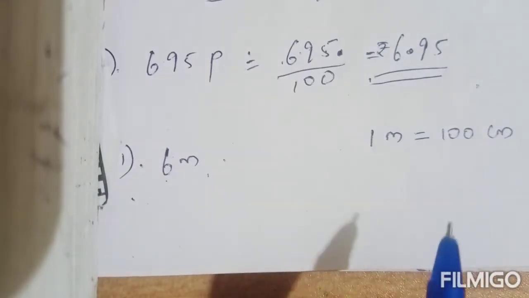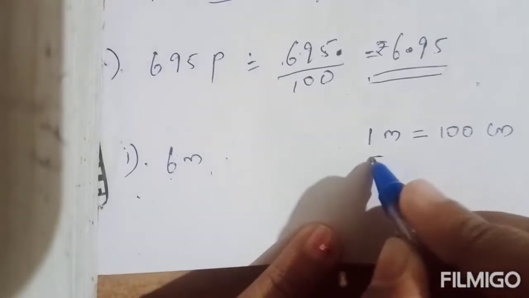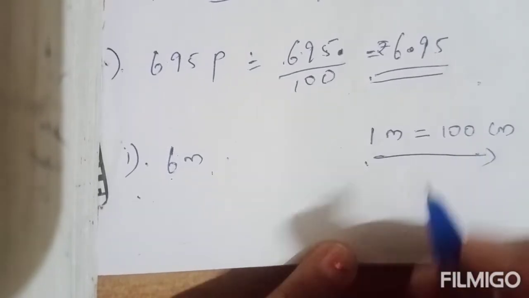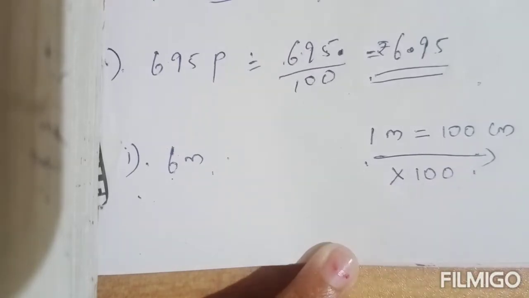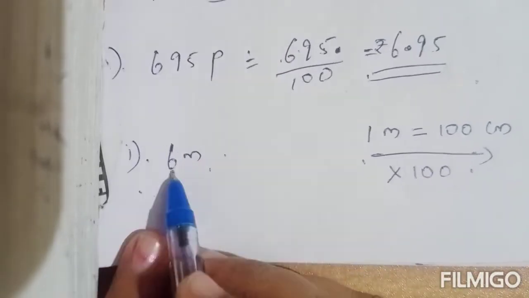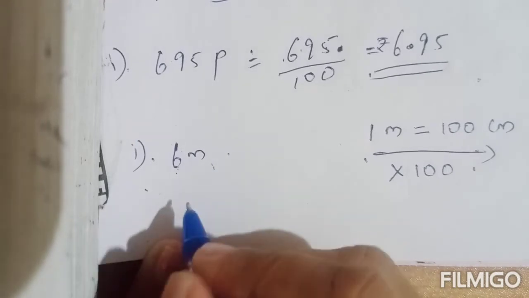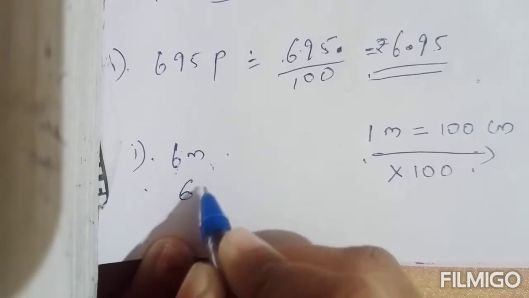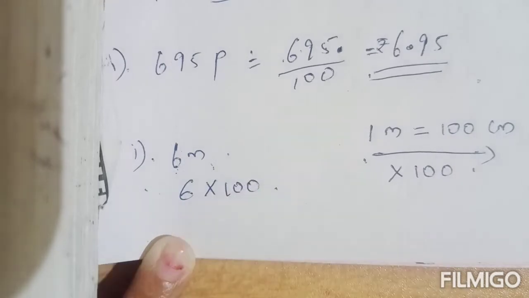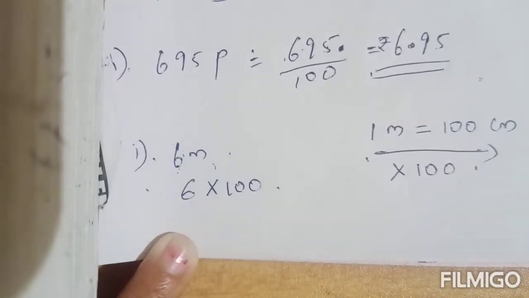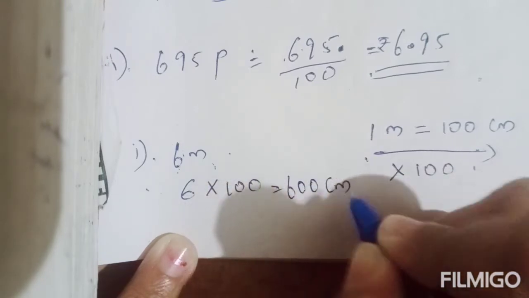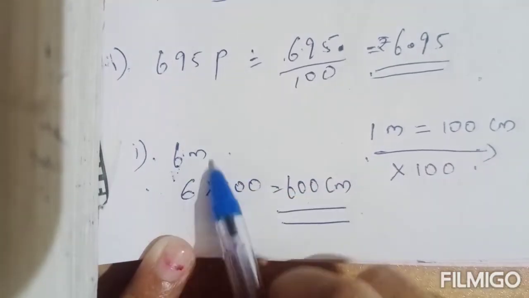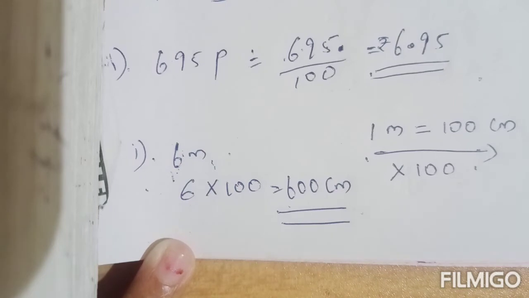So in order to convert meter to centimeter, just multiply by 100. 6 meter you have to express in centimeter, so just multiply 6 by 100. 6 into 100 is 600 centimeter. 6 meter is 600 centimeter.